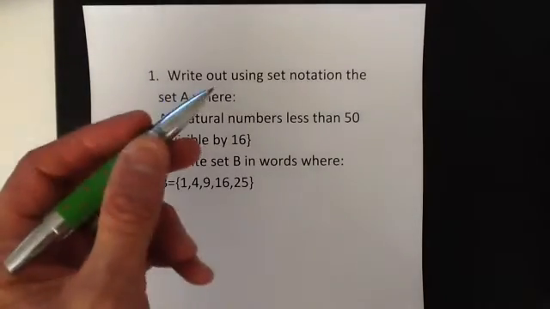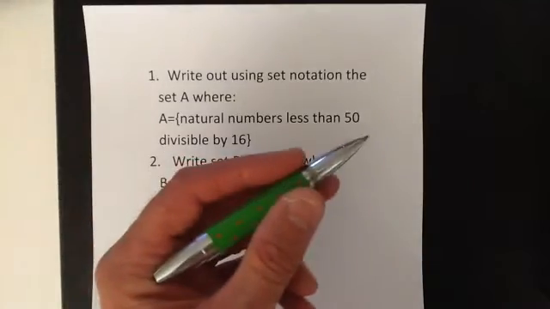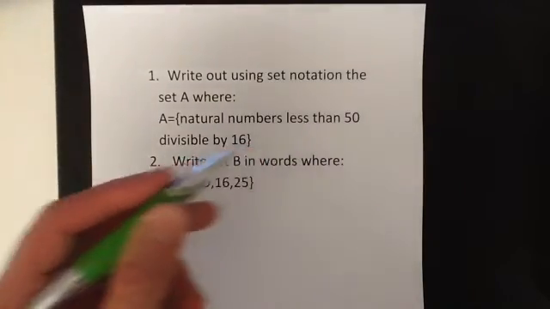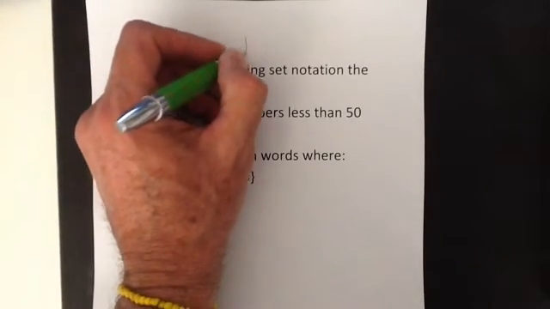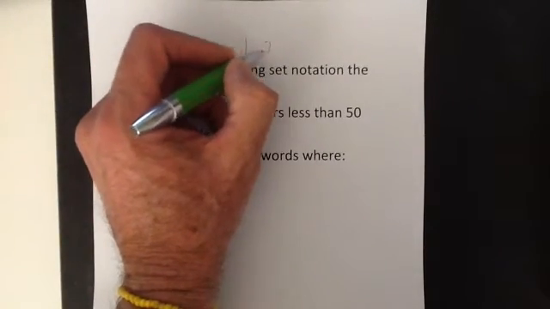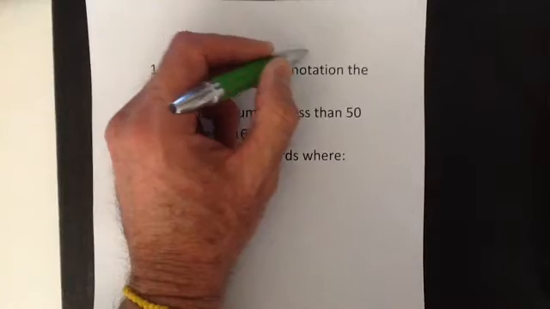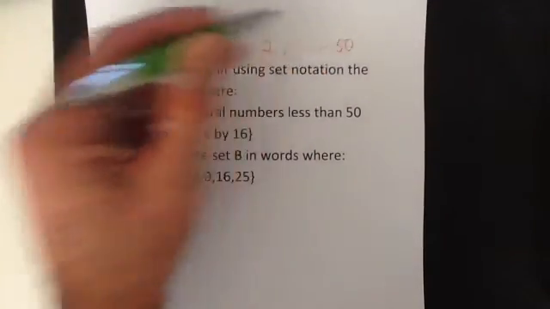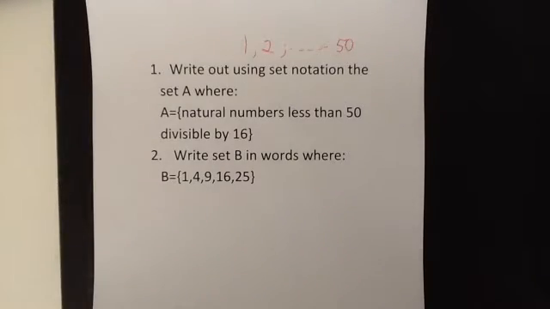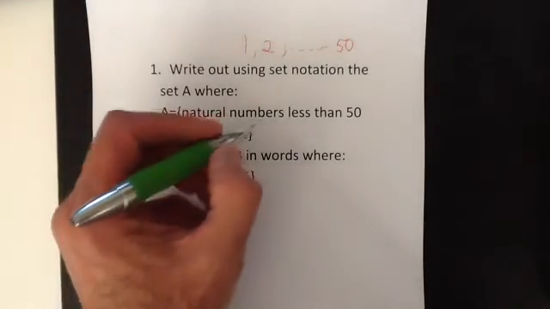Okay, number 1, natural numbers less than 50 divisible by 16. So natural numbers, we know 1, 2, carry on up to 50. So we've got to decide which of those are divisible by 16.